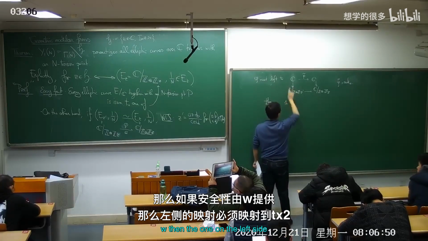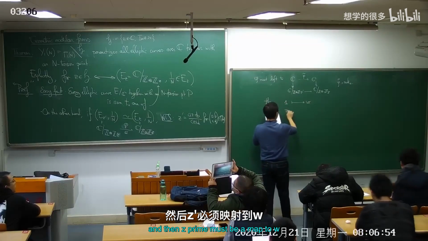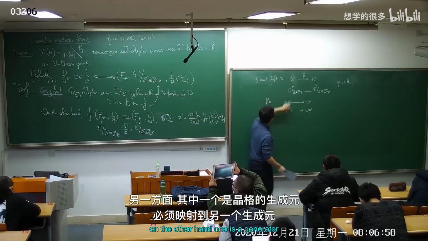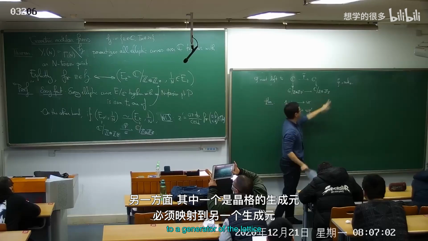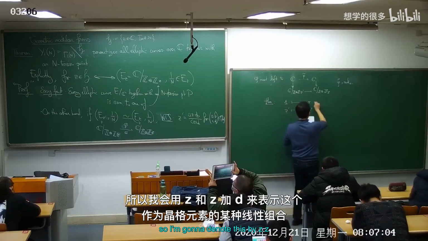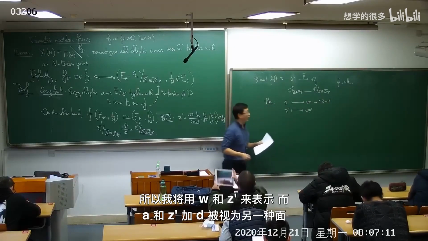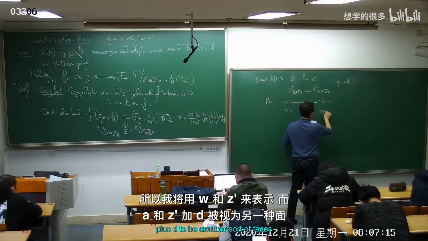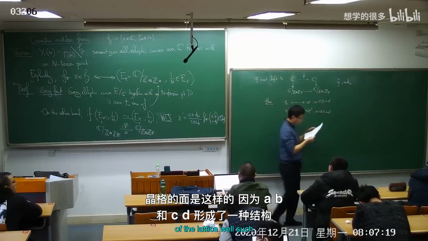Then the 1 on the left hand side must be mapped to w, and z prime must be mapped to w z prime. On the other hand, 1 is a generator of the lattice, which must be mapped to a generator of the lattice. I'm going to denote this by cz plus d, some linear combination of the elements of the lattice, whereas w z prime I'm going to denote by az plus b, another basis of the lattice.